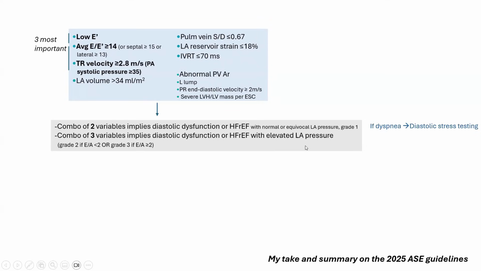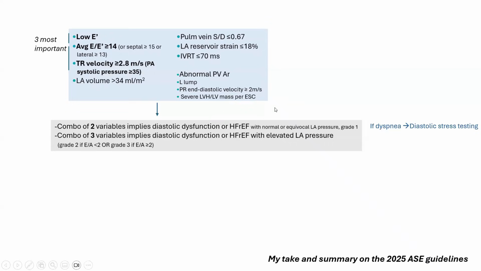And another important idea is that when you have 2 variables with normal or equivocal LA pressure at rest, if the patient has dyspnea, how do you know if that dyspnea is related to that diastolic dysfunction or to another etiology: lung disease, anemia, deconditioning? So in those patients, you have to prove whether LA pressure rises with exercise or not in order to attribute dyspnea to diastolic dysfunction.